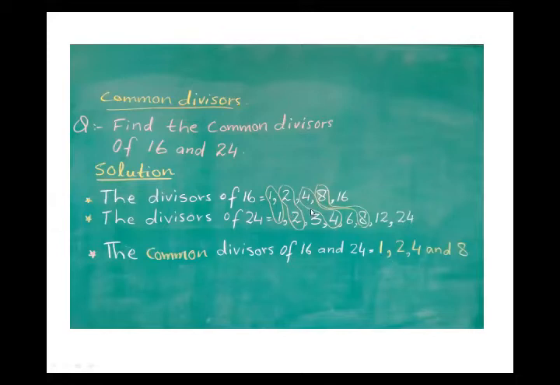The divisor 4 is common, so we pick 4. And 8 is common between 16 and 24, so we pick 8. So the common divisors of 16 and 24 are 1, 2, 4, and 8.